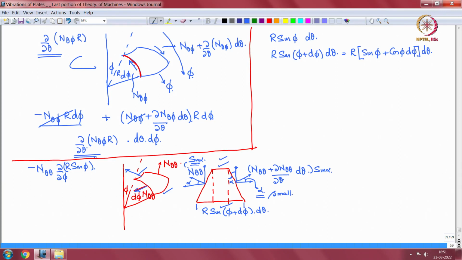So the difference between these two is r cos phi d phi d theta.